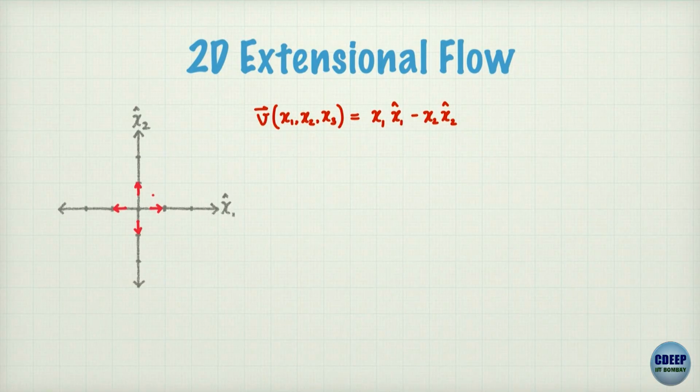So, let us talk about one example. We took the case of uniaxial extension. So, we will take a similar kind of a flow example here, which is an extensional flow. Okay. I have written a velocity field there.